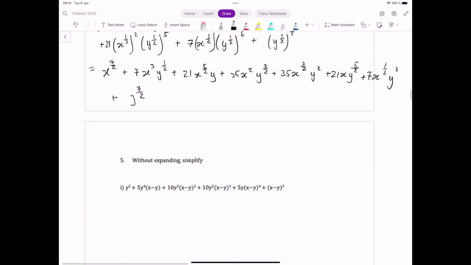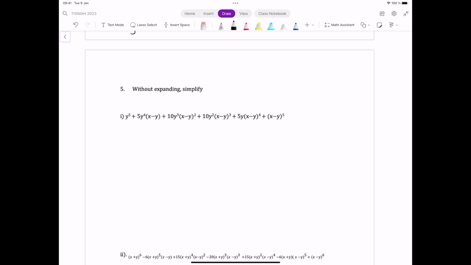Okay. Oh, I love these ones. Expand without simplifying. This one actually is so easy, this question. So we're going to realize that this is a binomial expansion and its terms are y and x minus y. You can see that this is a 5 and then a 4 and then a 3 and then a 2 and then a 1, and this goes from 1 to 2 to 3 to 4 to 5.